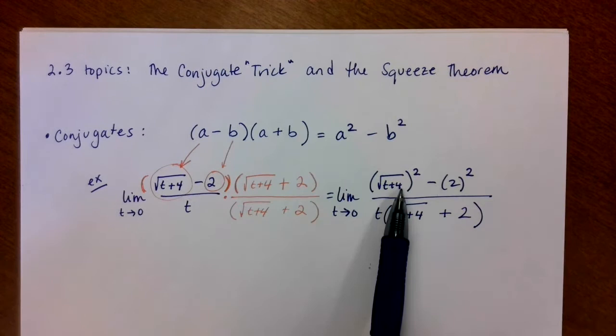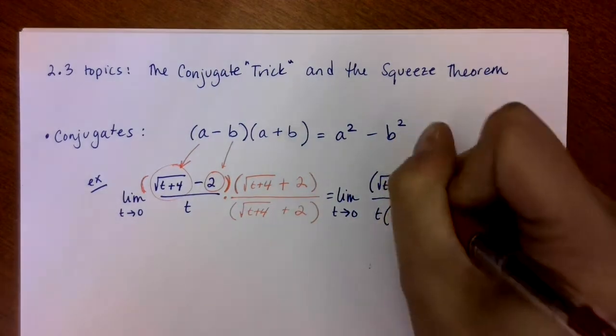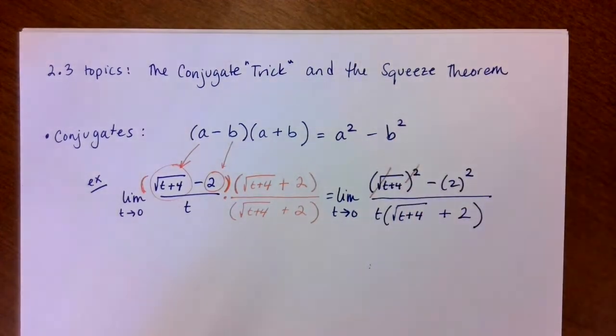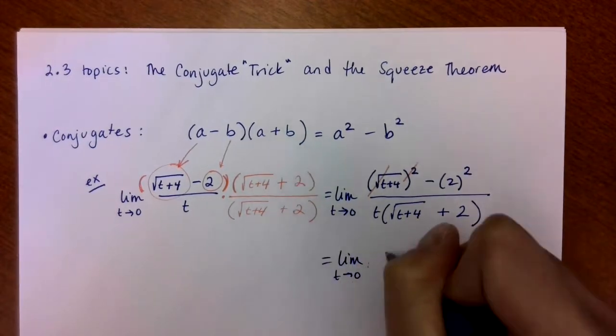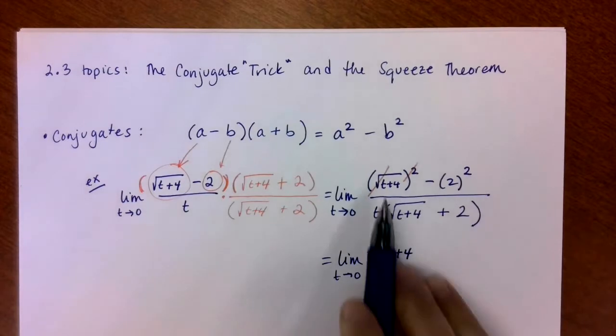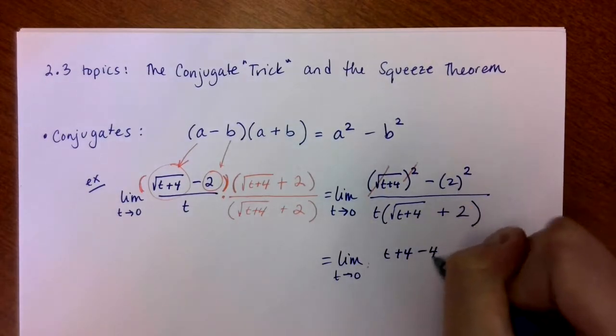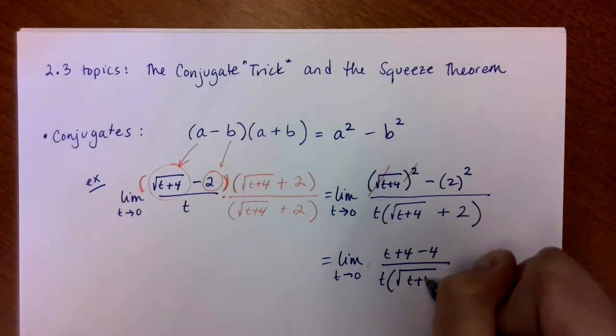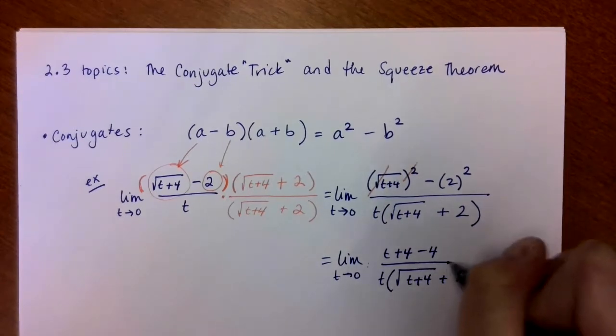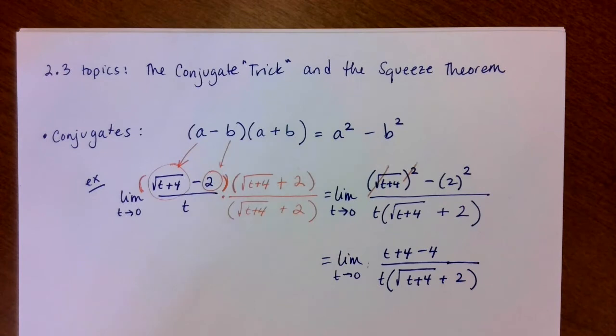Then I'm going to simplify in this numerator here. So this square root and this squared cancel. Of course, 2 squared is 4. So my numerator becomes t plus 4, just on its own, minus 4, over that same denominator. I'm not even going to bother simplifying it because I don't need to. Here's where the simplification starts to really pick up.